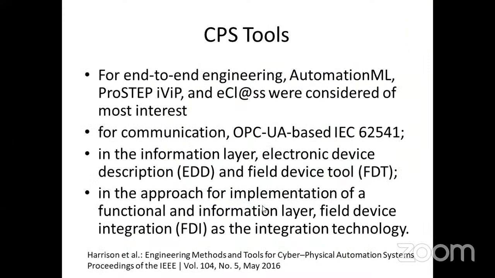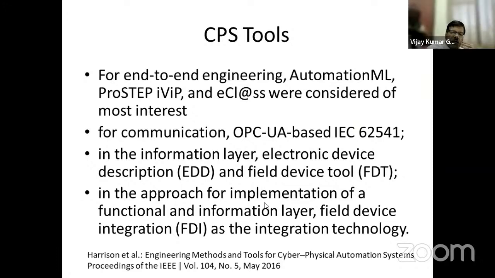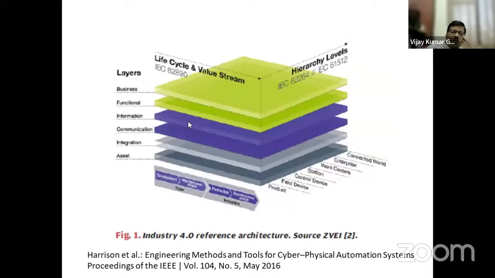So this I discussed. Basically, these are the tools available to you. Then, if you see this architecture here, it is divided into layers. You have the asset layer, integration layer, communication layer, information layer, function layer, and business layer.